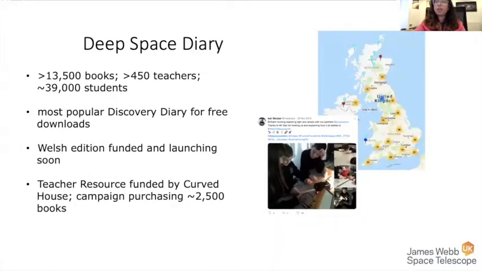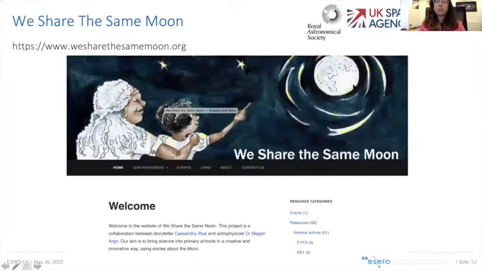And then if you've got younger students, sort of preschool, nursery and primary, then We Share the Same Moon is also a really nice resource, all about storytelling around space.